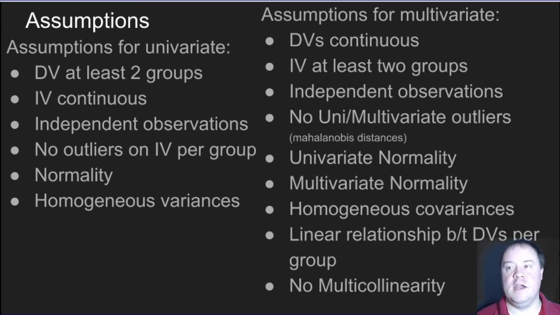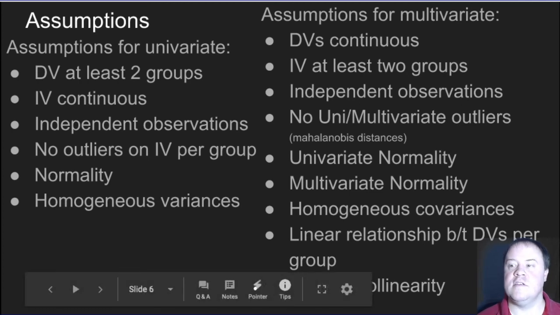For multivariate, it makes sense, I think, that there are continuous dependent variables, an independent variable with at least two groups, independent observations, and that there are no univariate or multivariate outliers, which we can talk about later, but there are some different ways of testing multivariate outliers. Unfortunately, SPSS doesn't have any built in, but we can use something called Mahalanobis distances.